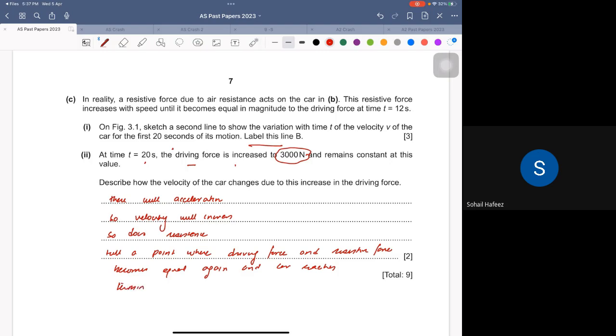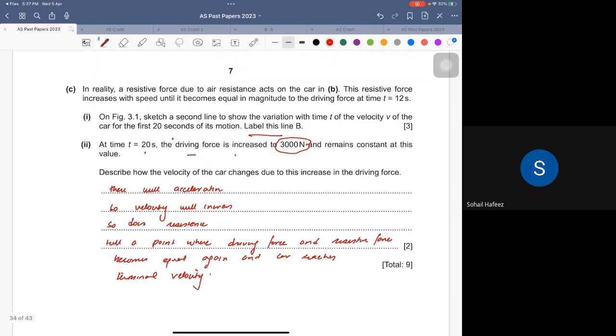You can use the full space, not like me. So you can always write this. So there will be a new higher terminal velocity again. Any questions, please let me know.